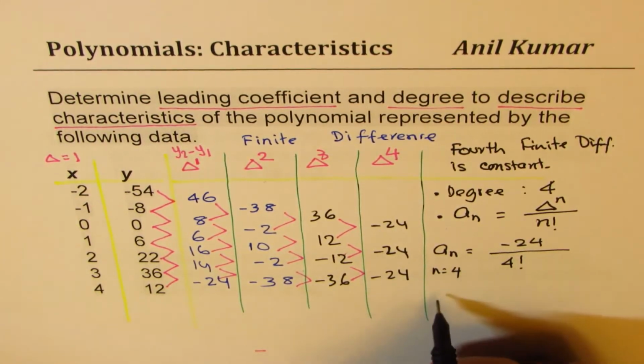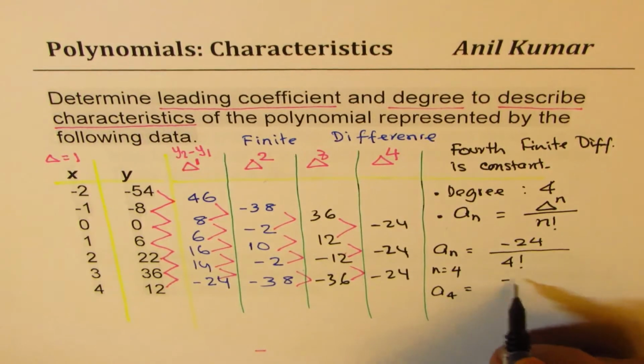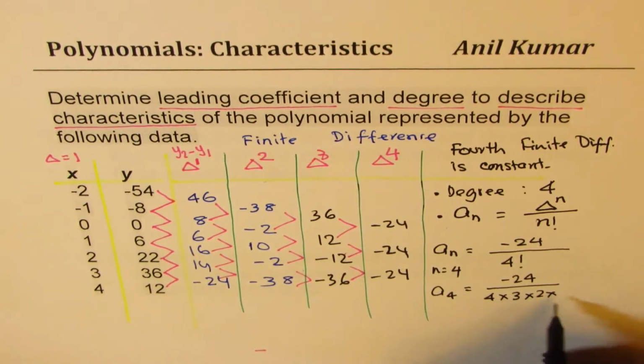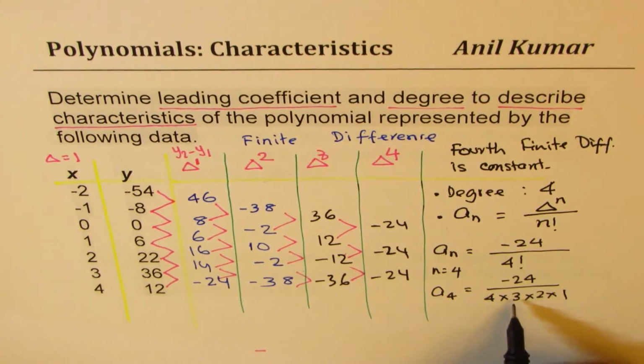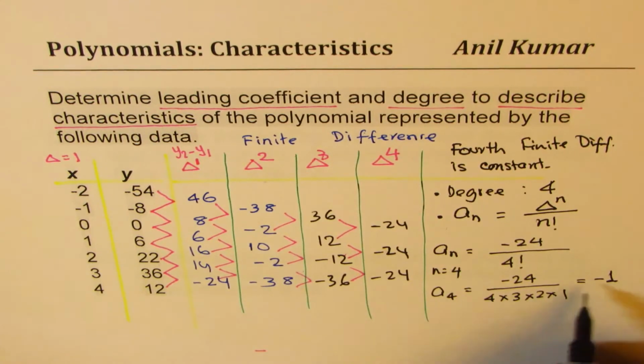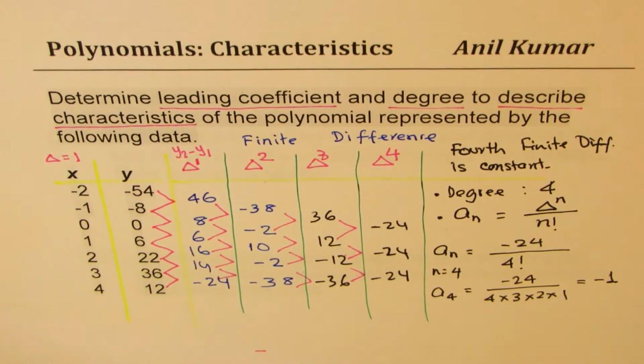What is 4 factorial? 4 times 3 times 2 times 1, which is 24. So we get a result of minus 1. So we have a leading coefficient of minus 1. Do you see that?